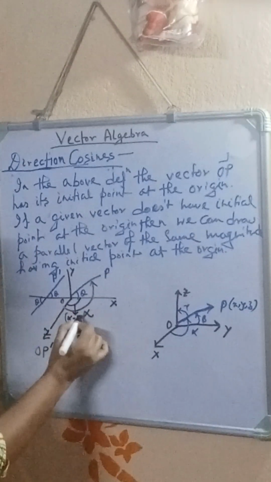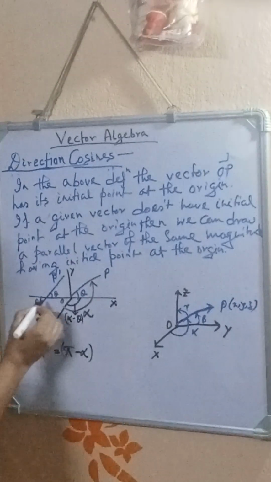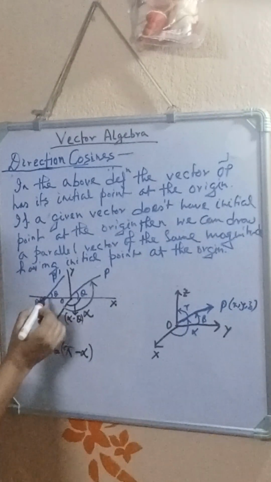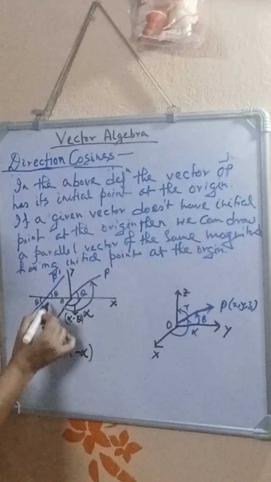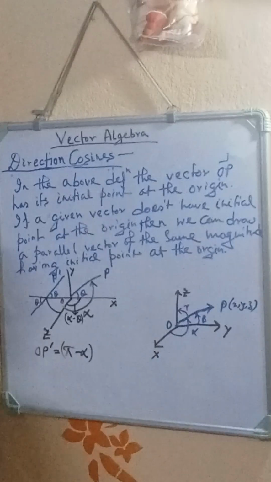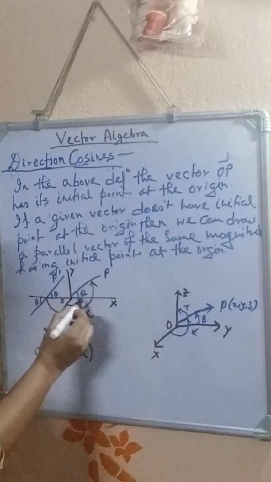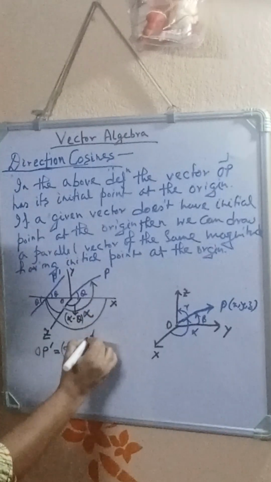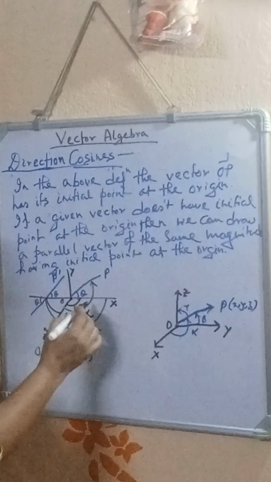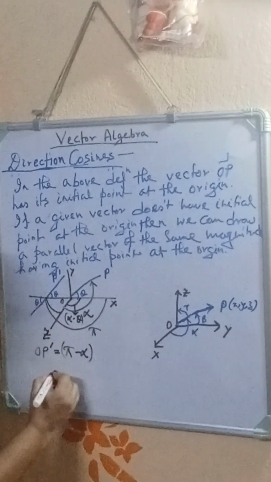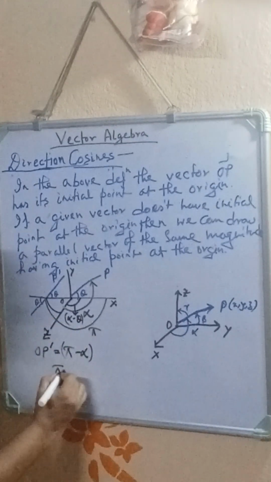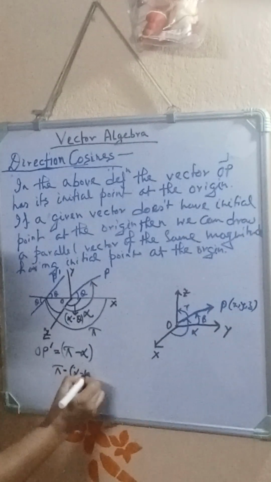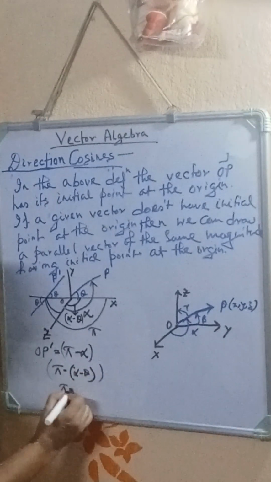The angle of OP dash with the OZ axis will be pi minus alpha minus theta, therefore pi minus alpha plus theta.